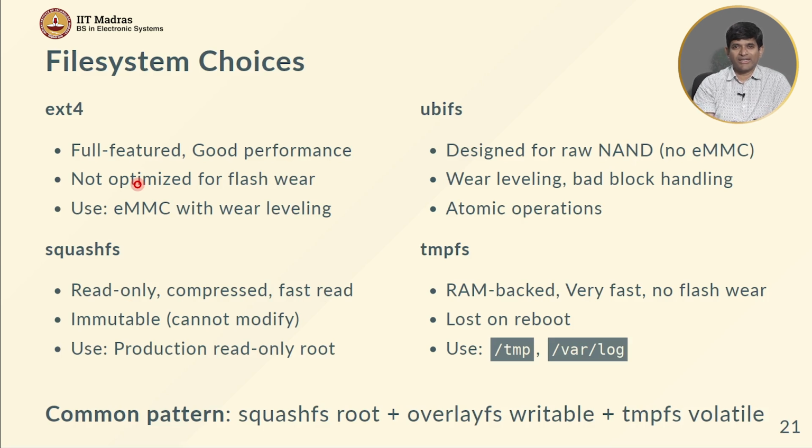But wear leveling keeps moving that around, so that even if you are trying to write to one particular block, at the hardware level it says, okay, you think you are writing here, it's like a virtual address translation, it actually writes somewhere else and keeps moving that around for you. So if you have an eMMC with hardware wear leveling, then yes, ext4 works well.